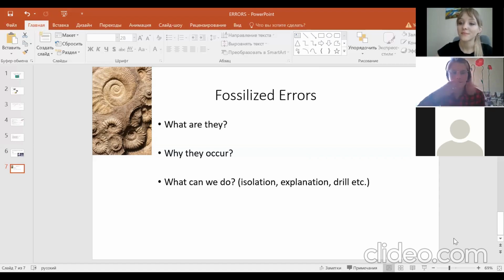For example, if the student says, "I go to the cinema yesterday," she needs to say, "I went to the cinema." I went to the cinema yesterday. I went to the cinema yesterday with my friends, and so on, bigger and bigger.